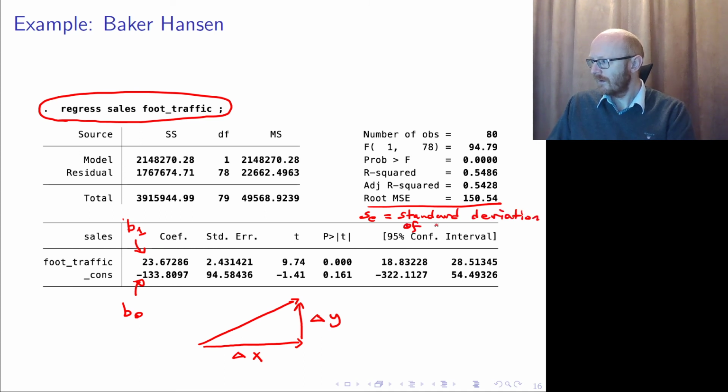Like this number 150 is the standard error, or the standard deviation of the residuals.